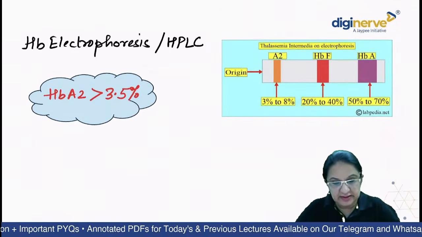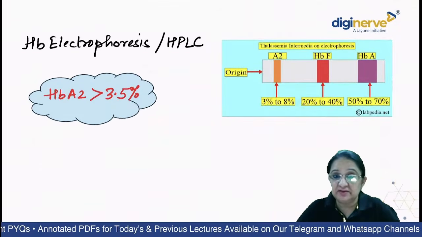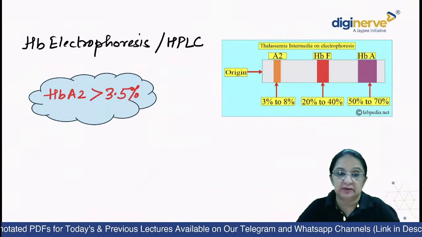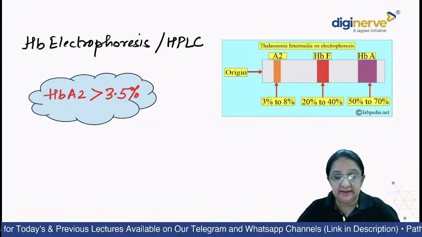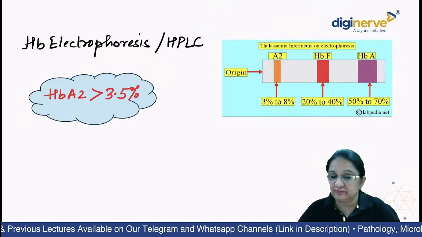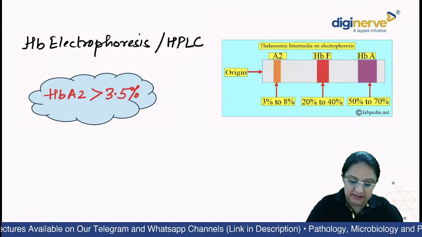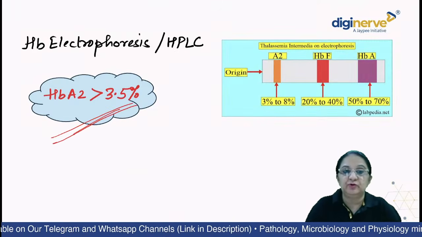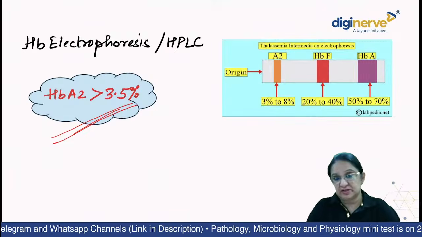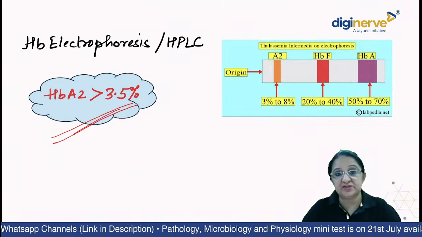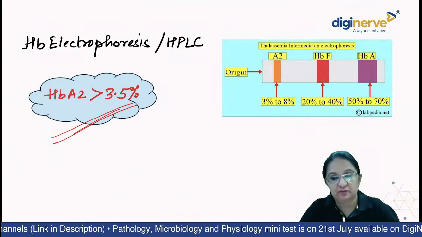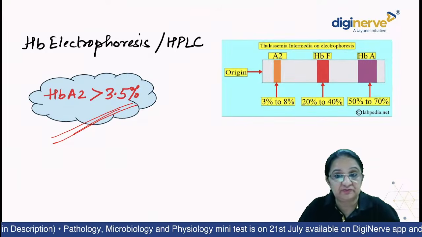Then electrophoresis in beta thalassemia minor. Please note the characteristic finding here is HbA2 would be more than 3.5%. There is no other disease where HbA2 is raised above its normal level, more than 3.5%.